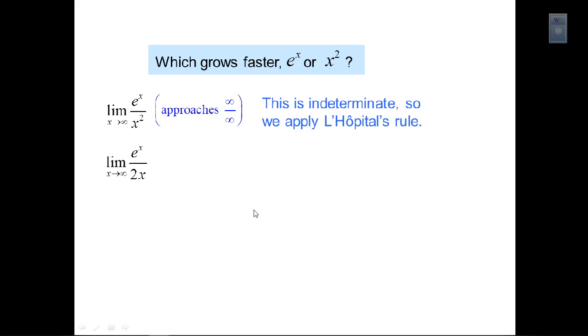And then we try again, and guess what? It's still going to be infinity over infinity. So we use L'Hopital's rule again, and we're going to end up with e to the x over 2, which is going to go off to infinity as x approaches infinity. Therefore, what do we know? We know e to the x grows faster than x squared.